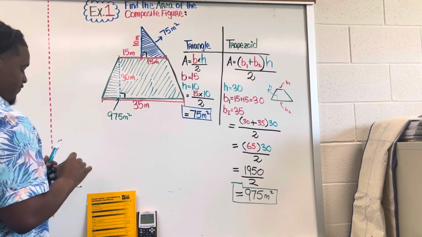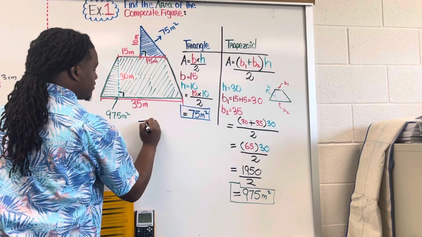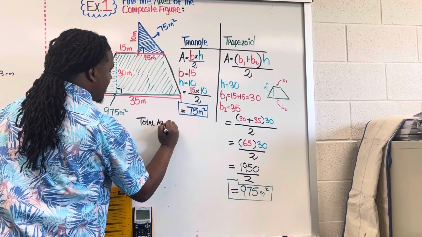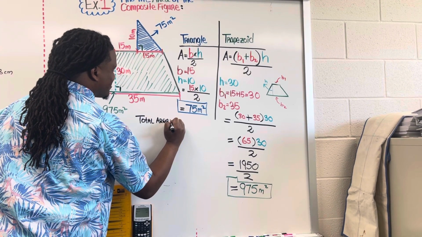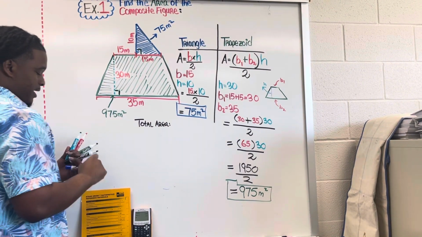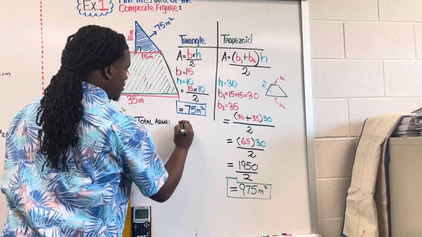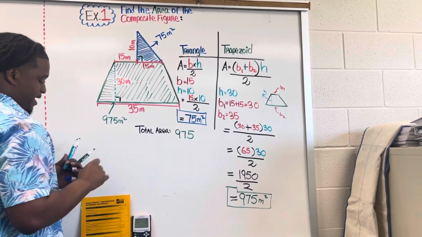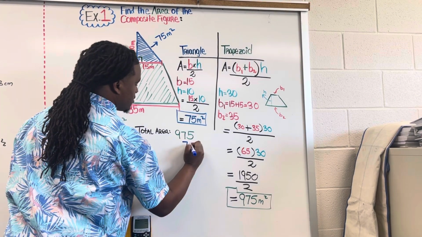Now, in order for us to find the total area, we have to add those partial areas together. Okay, so now let's do that. 975, and I'm going to add 75 to it.